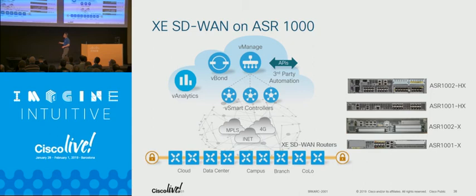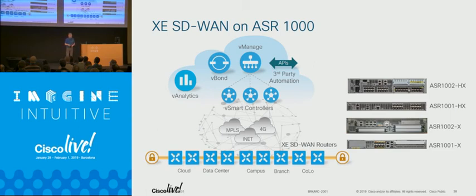You can deploy them in the colo, in the branch, in the campus, in the data center. They share a unified data plane. The routers supporting the XE SD-WAN architecture are all the fixed routers: the ASR 1001-X, ASR 1002-X, the 1001-HX, and the 2HX.